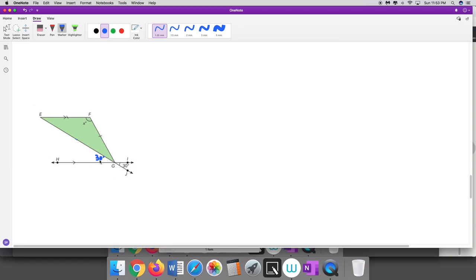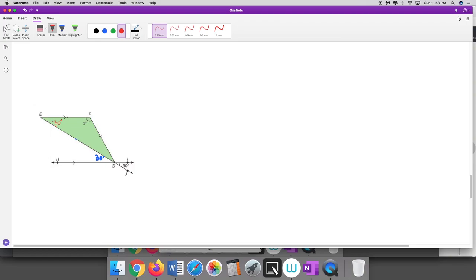And if this is 30, this is also 30 degrees, because this 30 and that 30 are alternate interior angles.